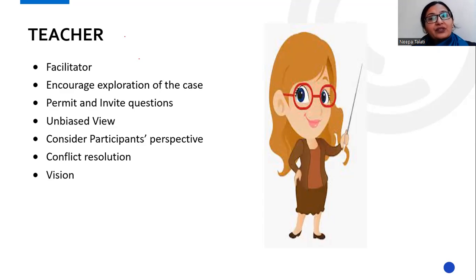Create that environment, which is easier said than done, but as teachers, we need to do it. And we have to have an unbiased view. What we expect from students, first, we have to practice that. If we want an unbiased discussion, we ourselves have to be unbiased in the first place. And we have to respect participants' perspective. See, there are many gray zones in medical and physiotherapy practice, that there is not just one correct way of dealing with a patient or solving a problem.